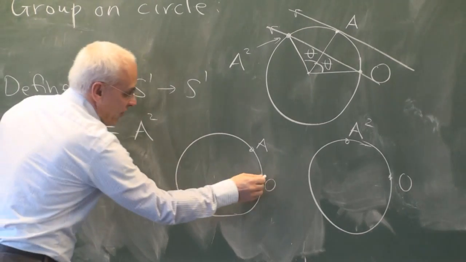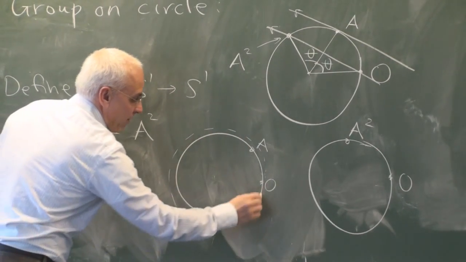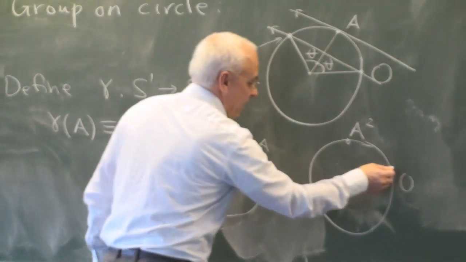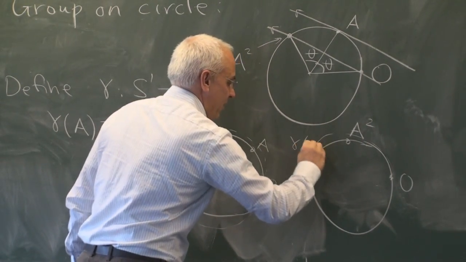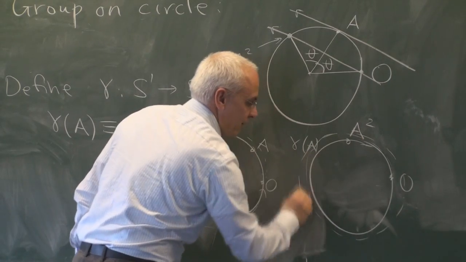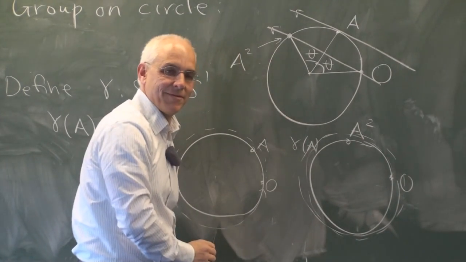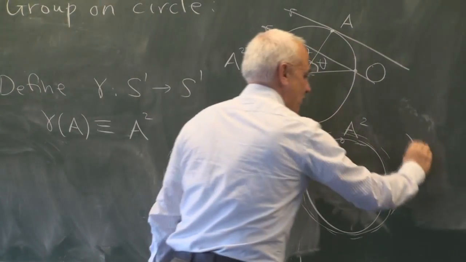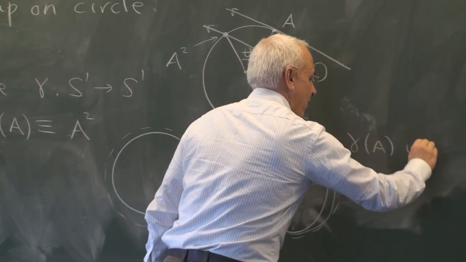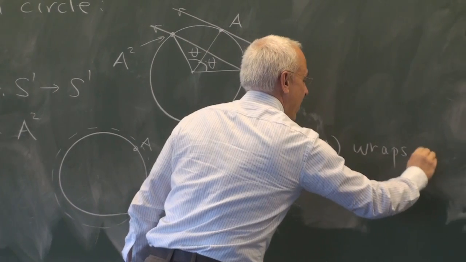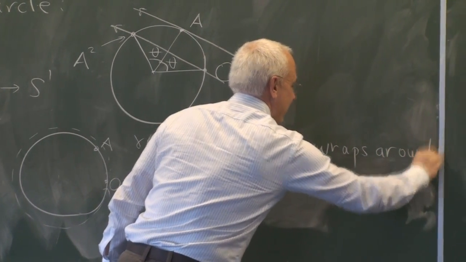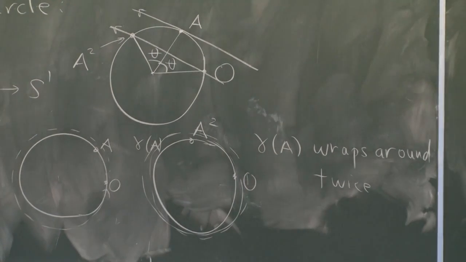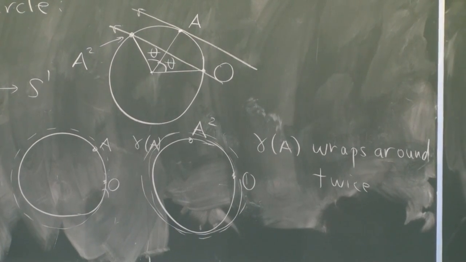And as A goes all the way around, gamma of A goes around twice, because the angle is doubled in every case. So gamma of A wraps around twice, and it's defined purely in terms of the group structure.